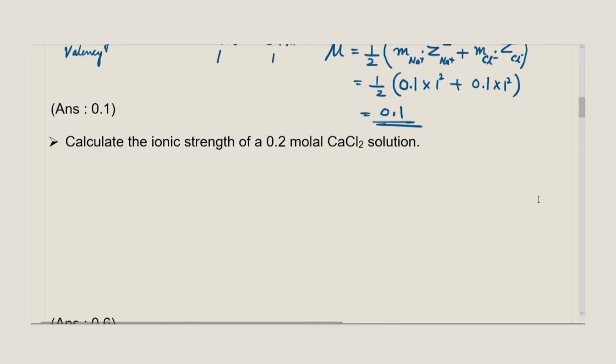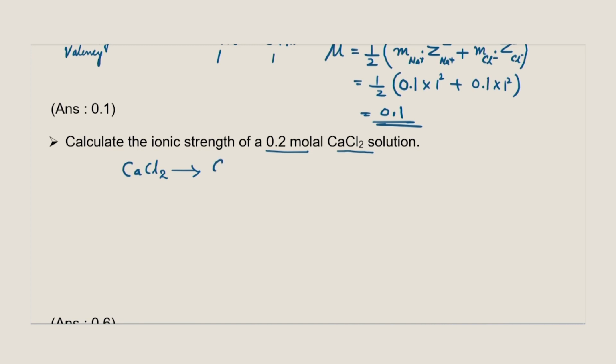Okay. Now, let us go for the case when we are having a different electrolyte, that is calcium chloride. Calculate the ionic strength of 0.2 molar calcium chloride solution. As a first step, as I have told you, first write how the electrolyte gets ionized.